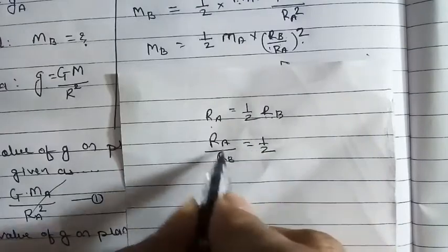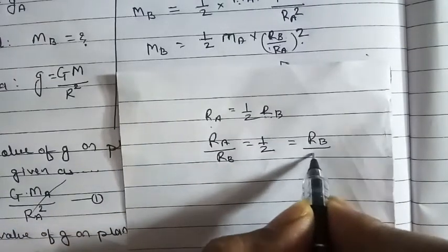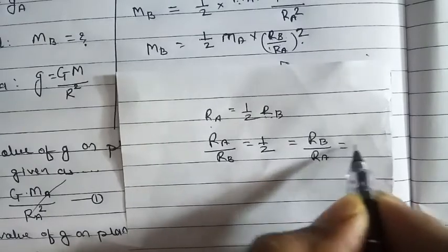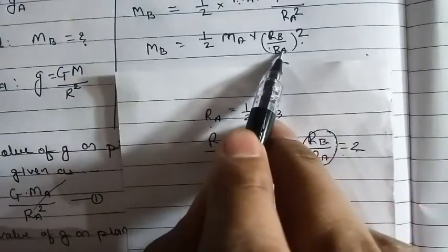If we apply inverse here, then it becomes RB divided by RA equals 2. So this RB divided by RA equals 2 we have to place here.